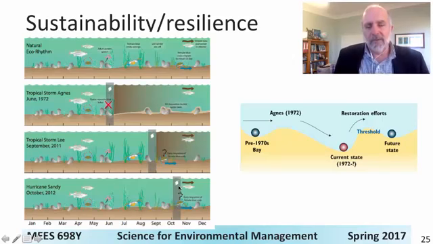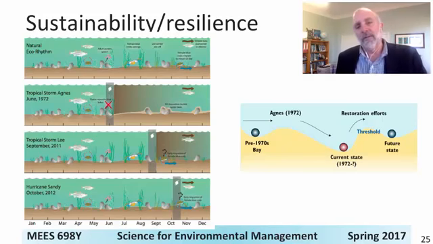Sandy was really a blip for Chesapeake, devastating for New York, but not much for Chesapeake. Tropical Storm Lee was the third largest flow recorded. Agnes was the first largest, so it had the potential of being devastating, but it wasn't really that bad, partly time of year. So we have to keep that in mind when we look at this resilience.